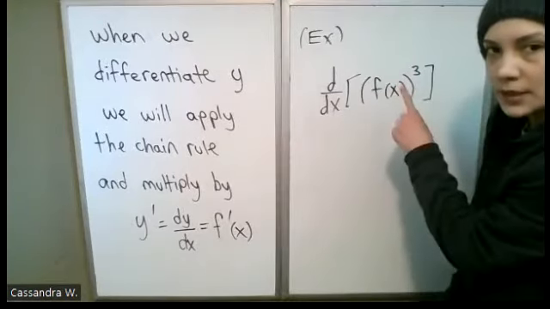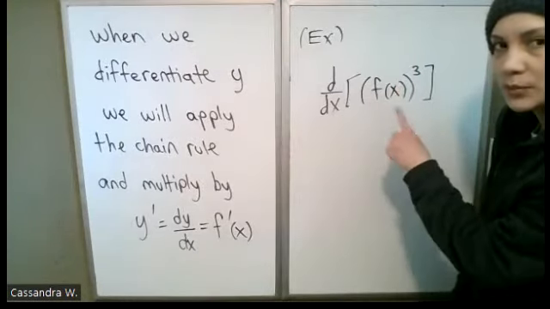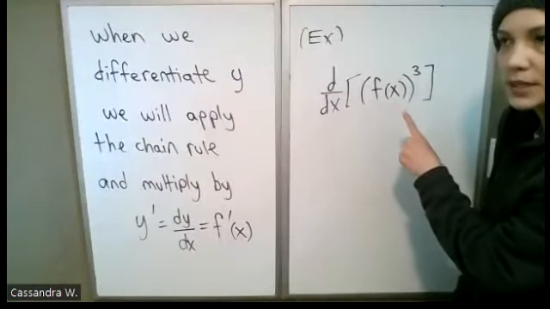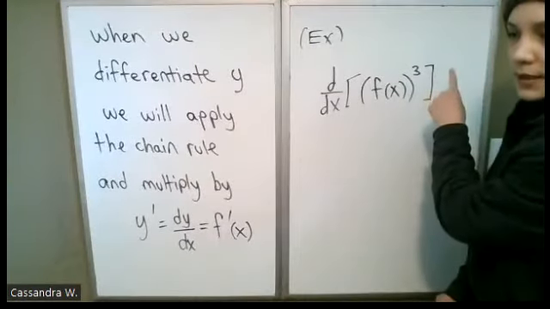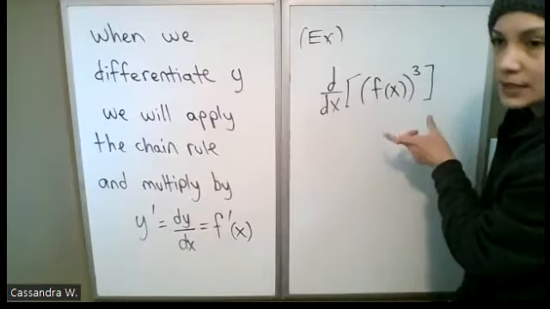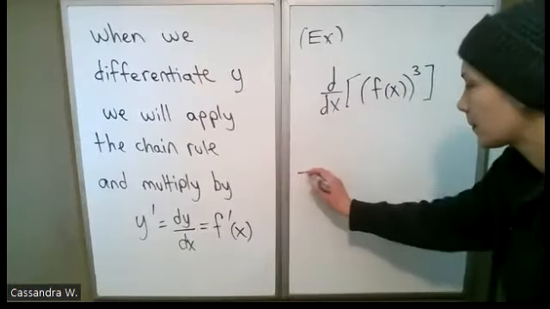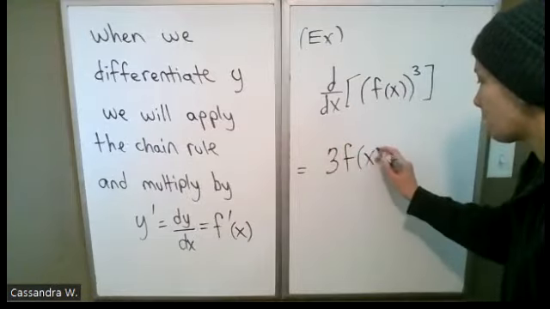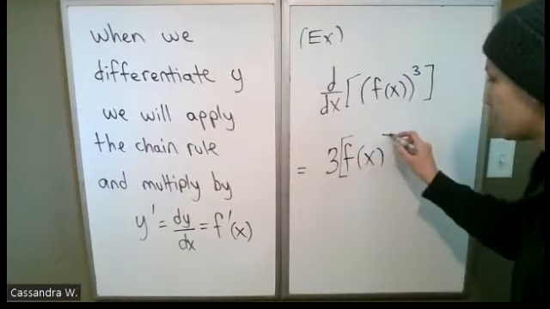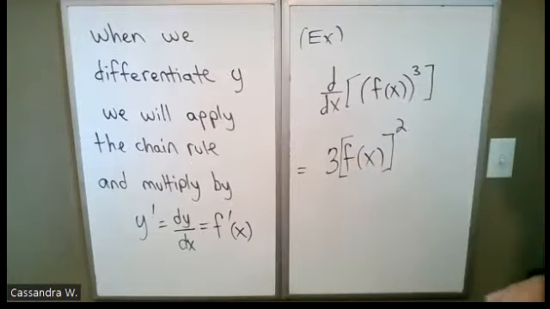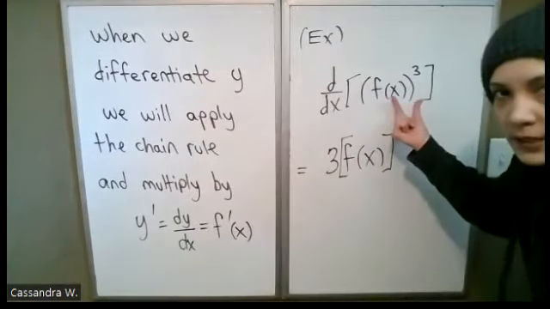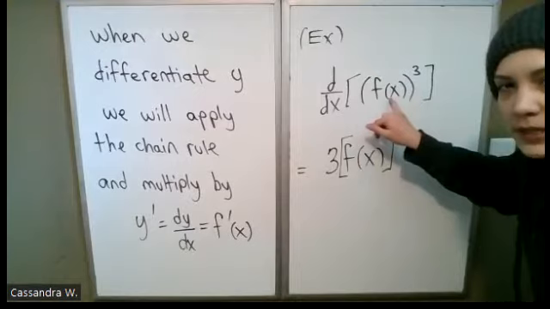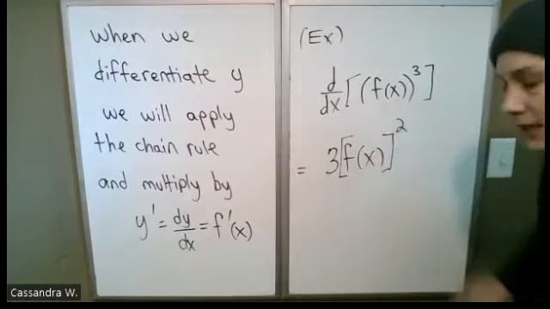So this would be first doing the power rule, bring the 3 down, have f of x squared after that. And then chain rule here, multiply by the derivative of the inner function, which would be f prime of x.